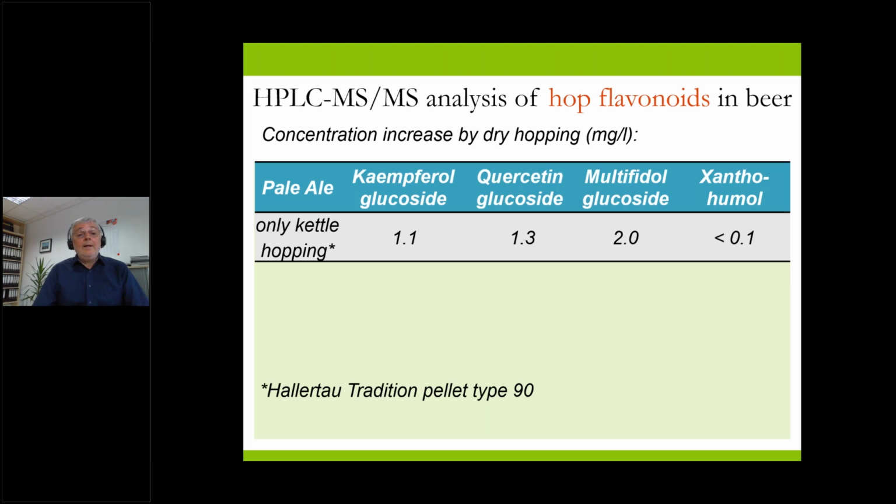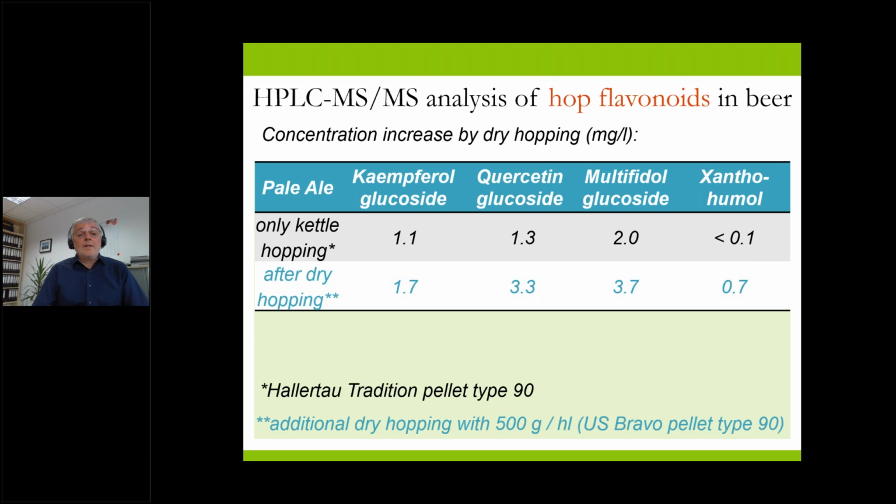What is the influence of dry hopping on the concentration of these compounds? Here again, our pale ale, only kettle hopped with the Hallertau Tradition, pellet type 90. And this is then the concentration after dry hopping with the US Bravo. You see an increase in all compounds.